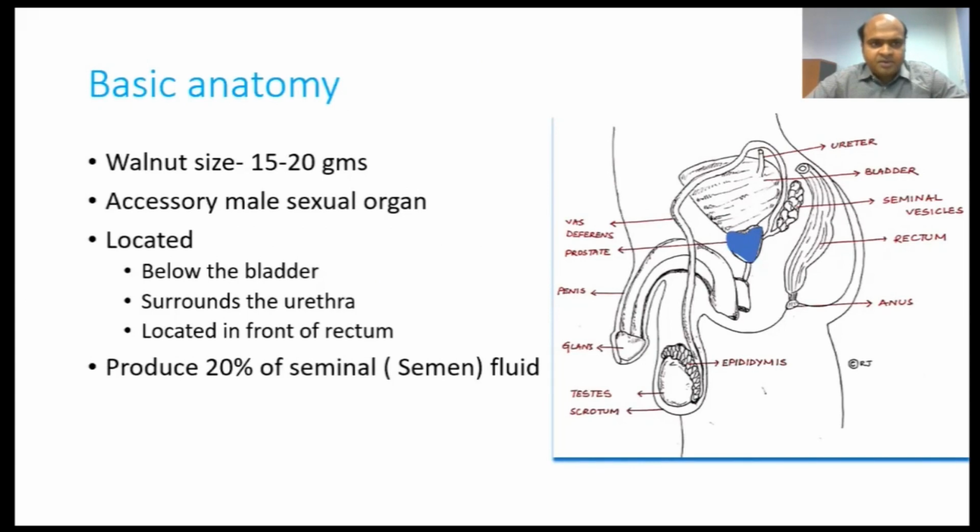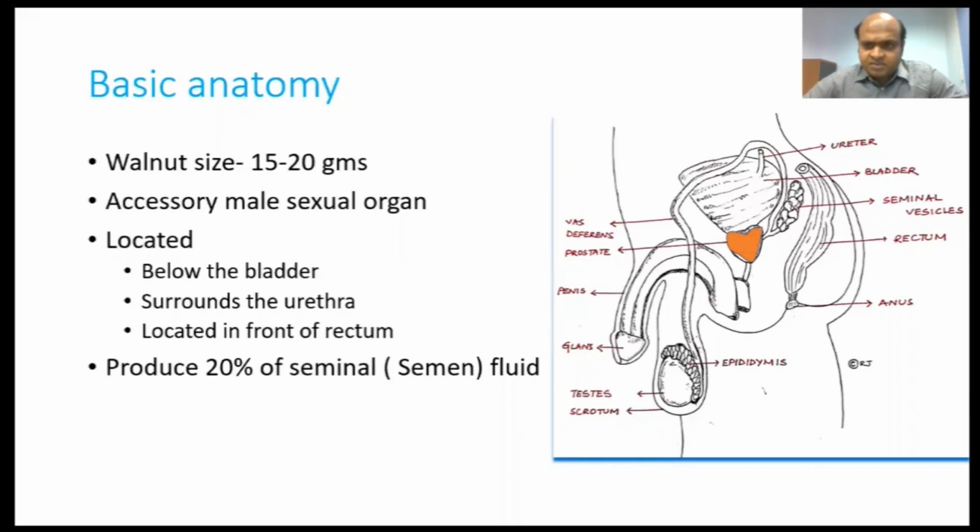So I will come into the basic anatomy of the prostate first. The prostate is an accessory male sex organ, which is walnut size, approximately 15 to 20 grams. If you see the image on the right hand side, you can see the prostate, which is located just below the bladder, and it surrounds the urethra and is located in front of the rectum.